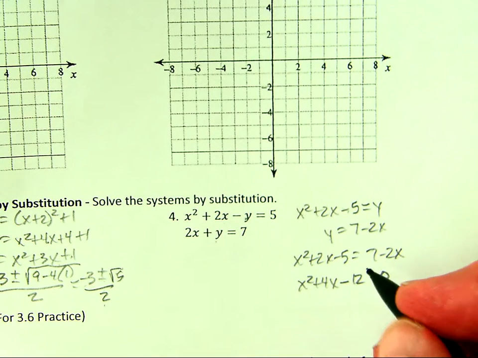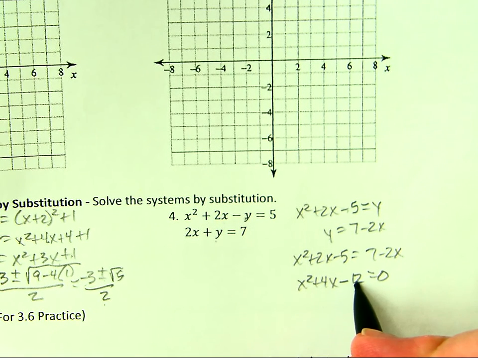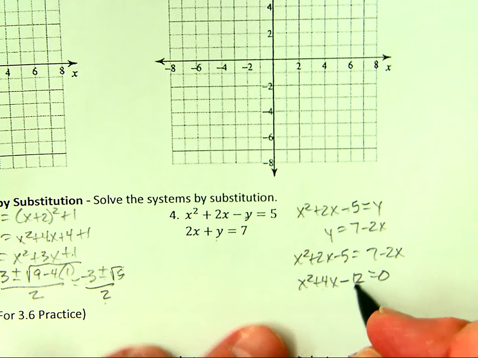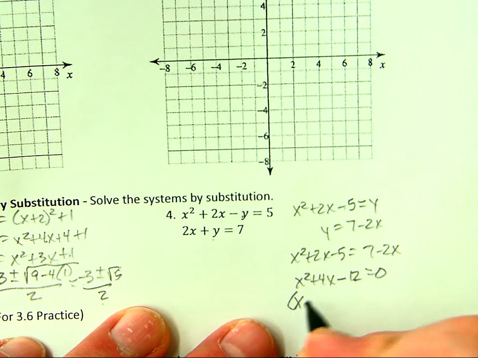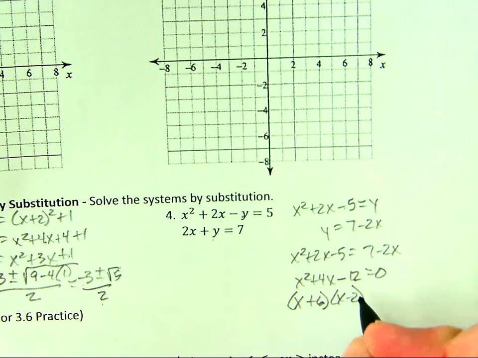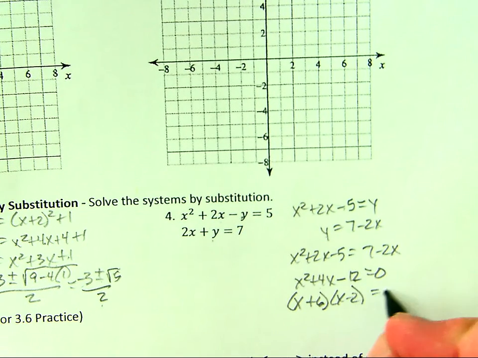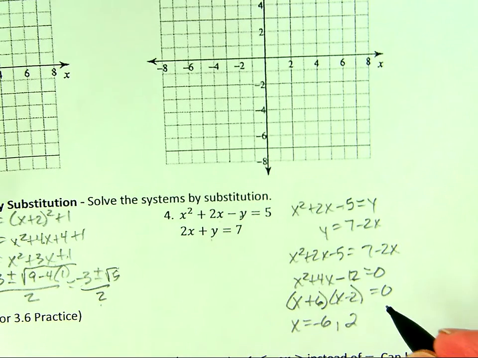Now this one, if you look, I think will actually factor. Are there two factors of negative 12 that if you put them together you get a positive 4? Well, two factors of 12 are 6 and 2. What if we used x plus 6 and x minus 2? So if we set each of those equal to 0, we get x equals negative 6 and x equals 2.